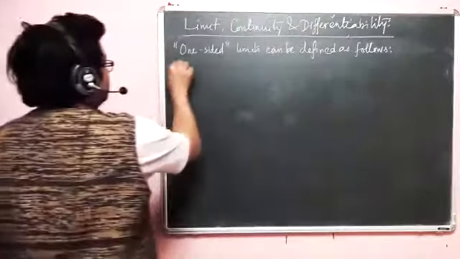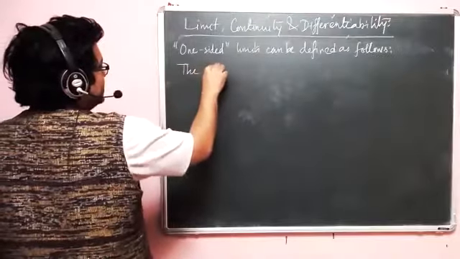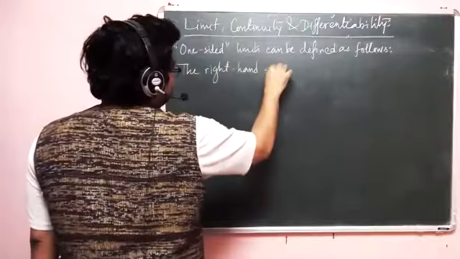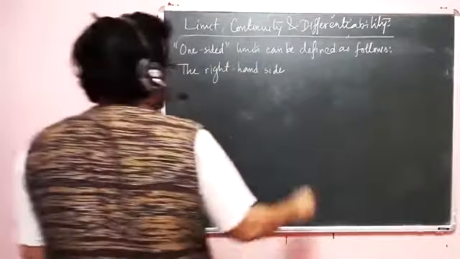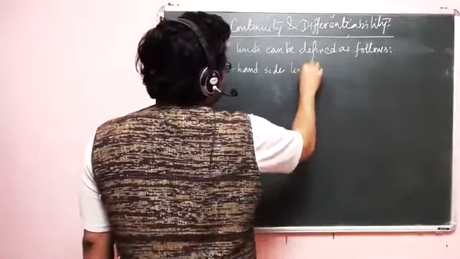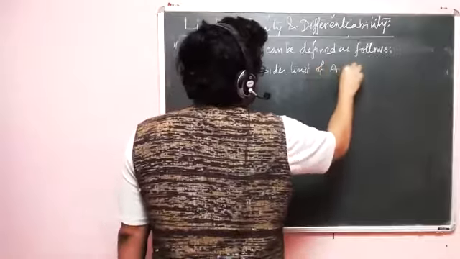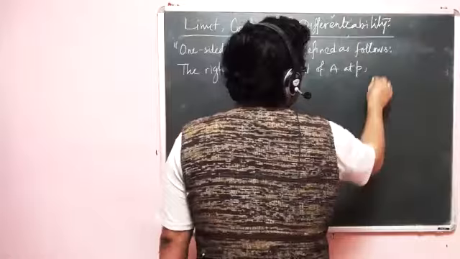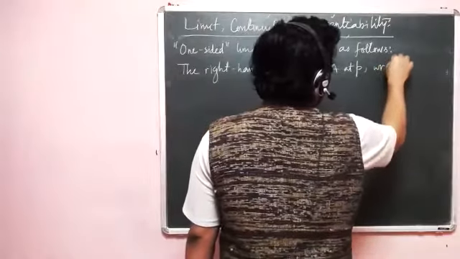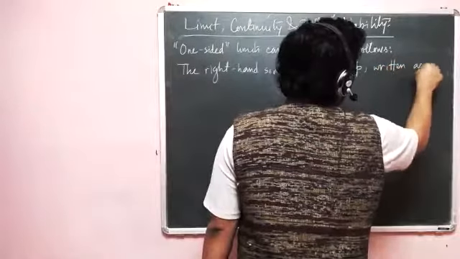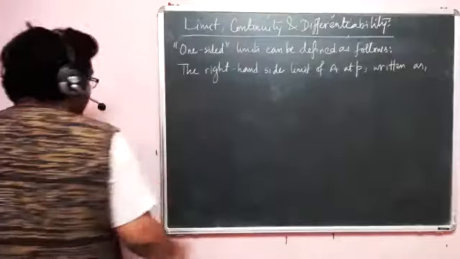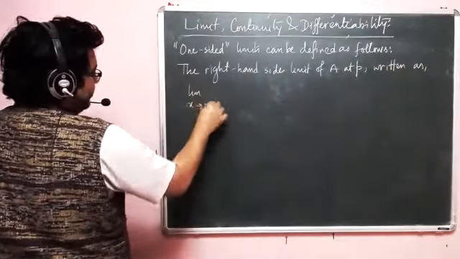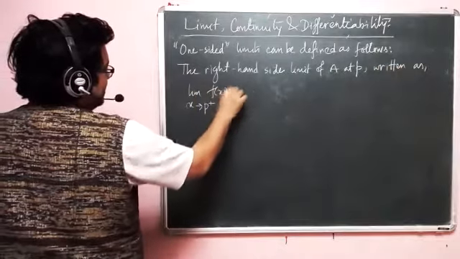The right-hand side limit of A at P, written as, so how do we write it? Limit x tends to P plus f of x equal to A.